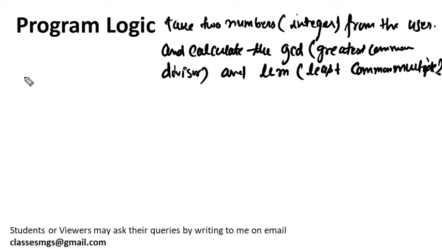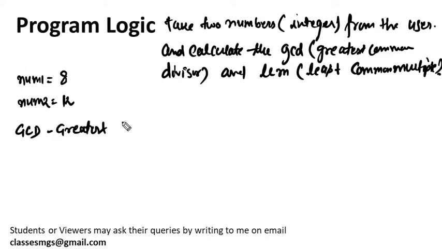You will take number 1 as input, let's suppose 8, and number 2, let's suppose 12, and you need to find the GCD, that is greatest common divisor. What is greatest common divisor? I am going to tell you.